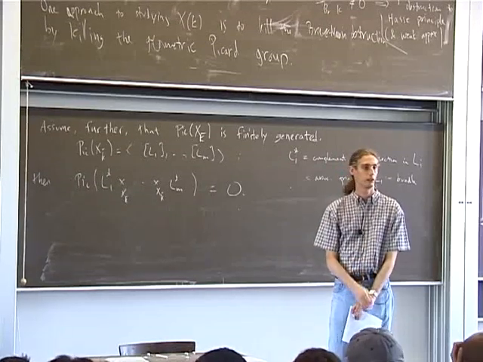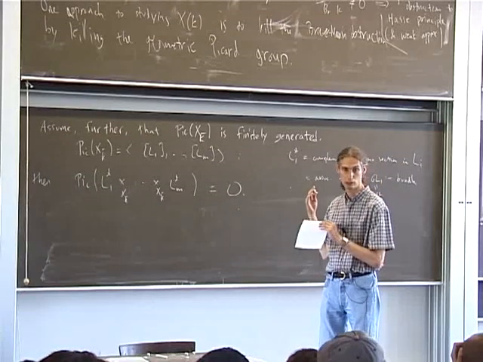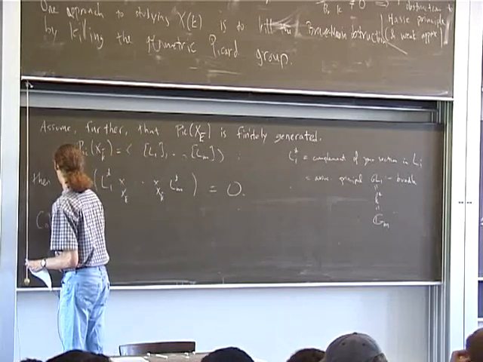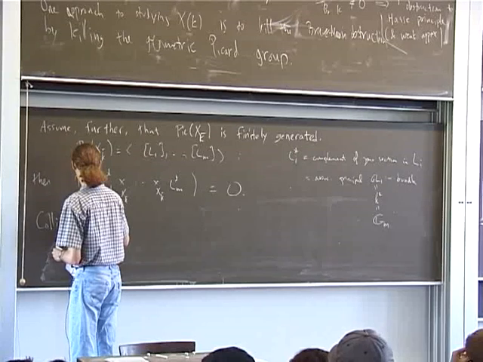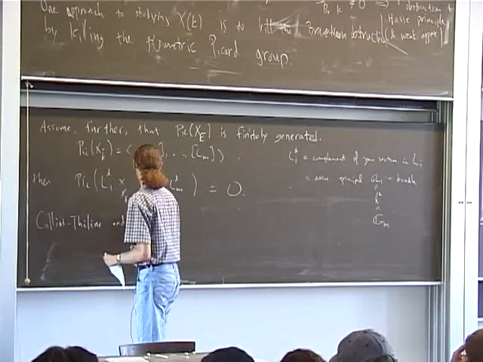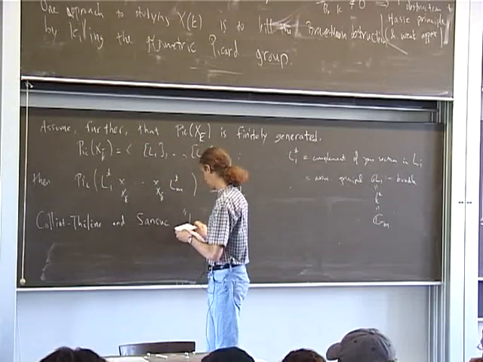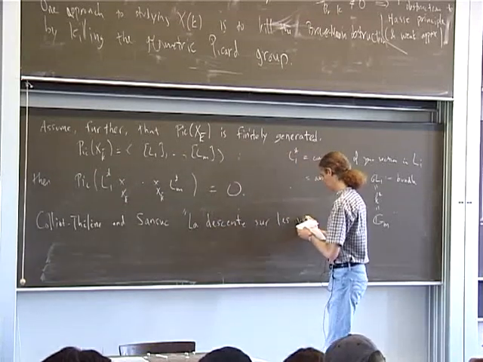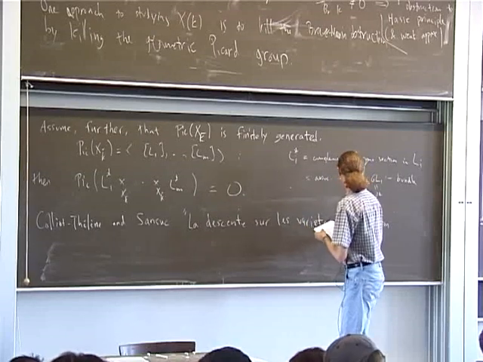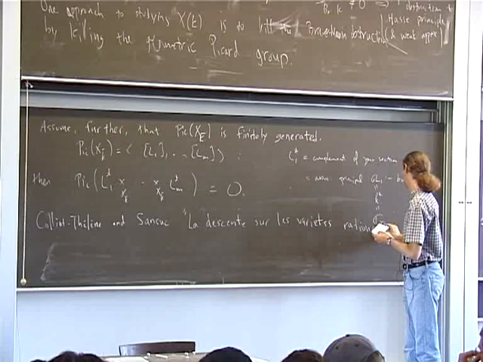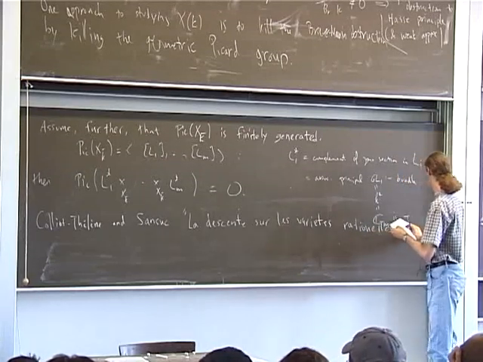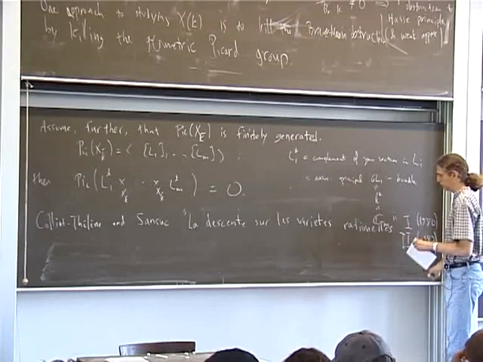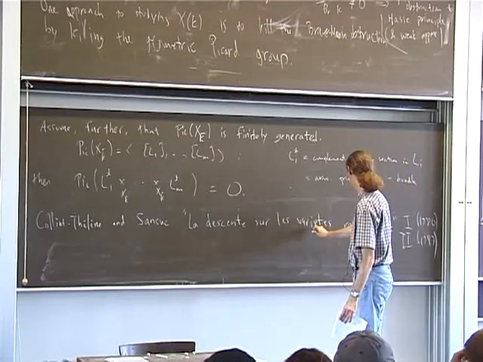And that brings us to the theory of descent of Colliot-Thélène and Sansuc. Let's see how many accents did I forget?